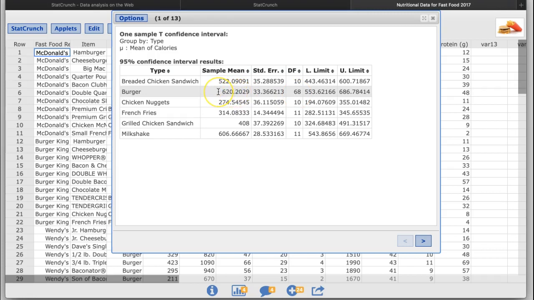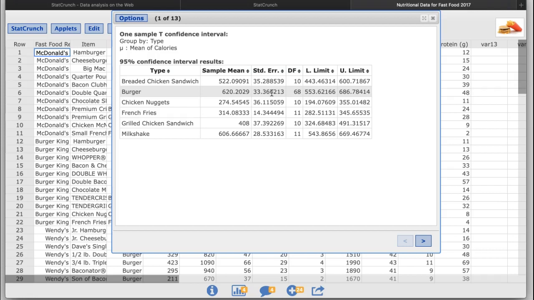That's telling you that for the 68 burgers, the average calorie count was 620 calories. And the standard error was 33.36, which is the estimated distance between the sample mean and the true mean of calories, about 33.36 calories.